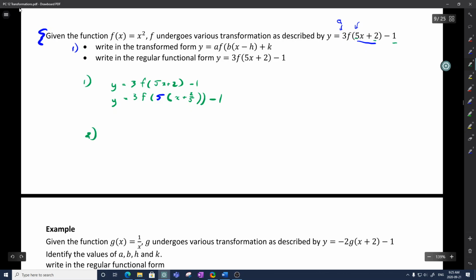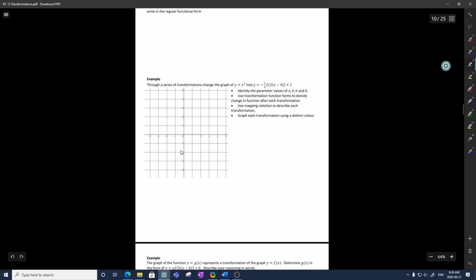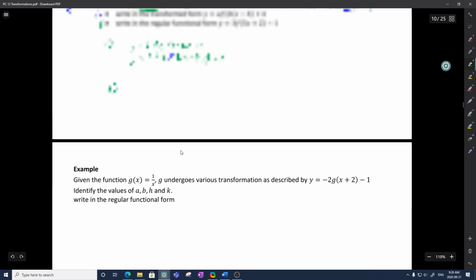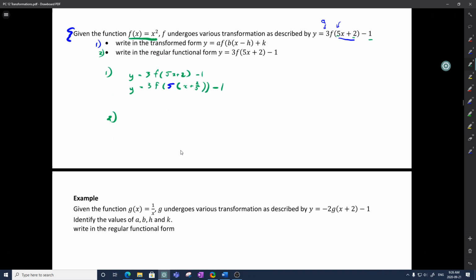Now let me go to the second part of the question. Write in regular functional form. So I could write this in regular function form. Now, this is transformed function form. My parent function, though, is f of x is equal to x squared. Sorry about that.